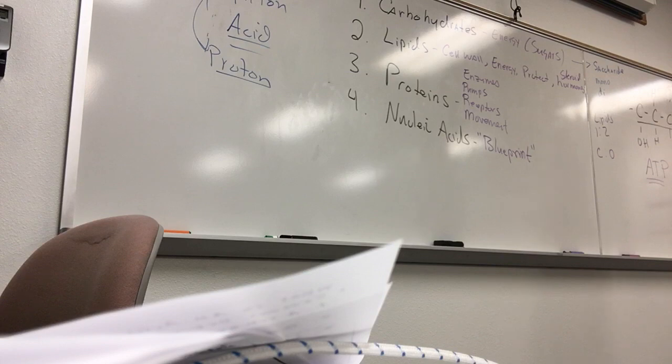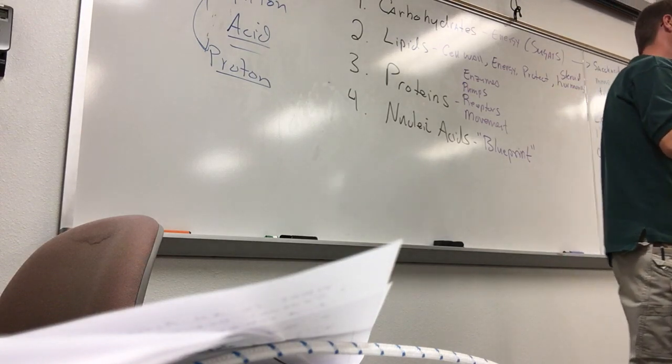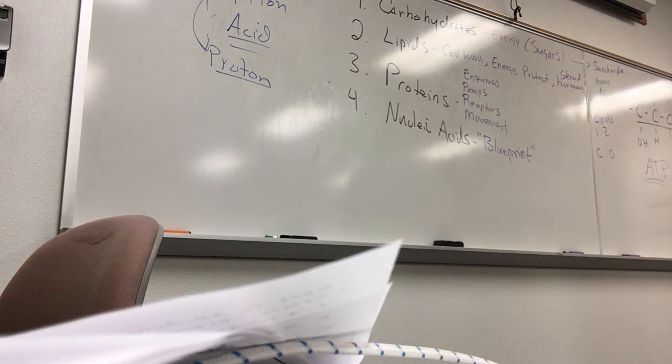Now, are saturated fats, my nutrition gurus, typically good or bad fats? Why are they so bad? It's because they can stack up on each other. Imagine that this is one, another one could stack on that, and another one on that, and they could easily stack up on each other.